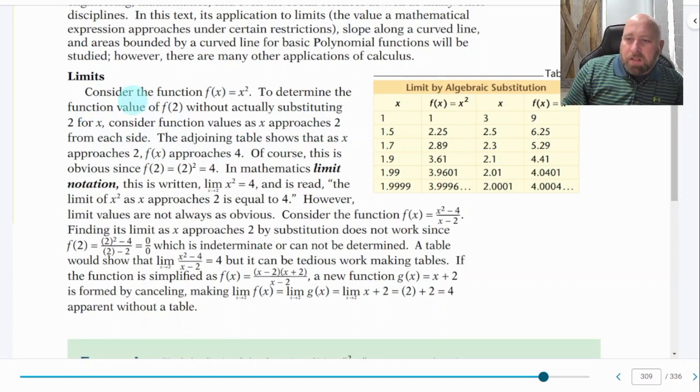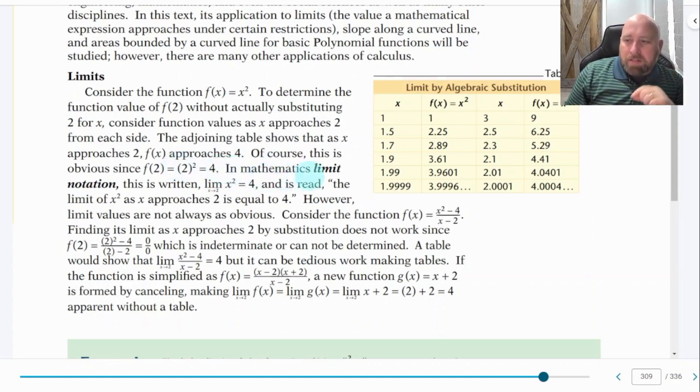So if we consider the function f(x) = x squared, to determine the value of this function, if we use the number 2, we can just substitute 2 into that, and it will tell us. So we know that 2 squared is 4, and mathematically this equals 4.